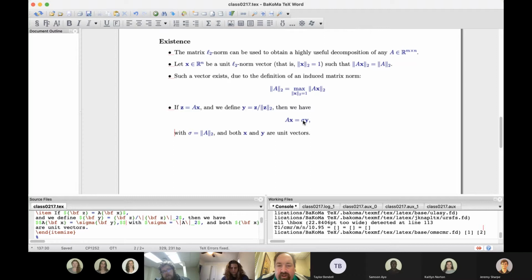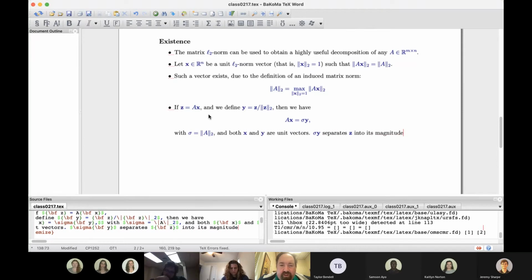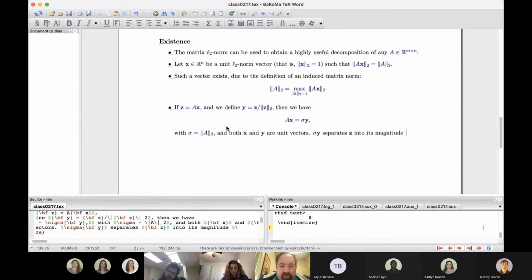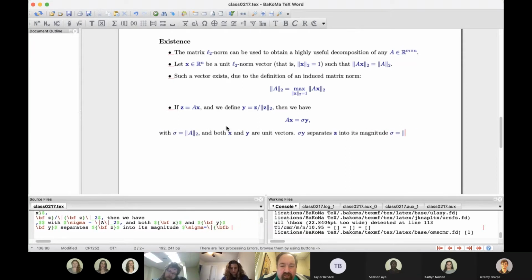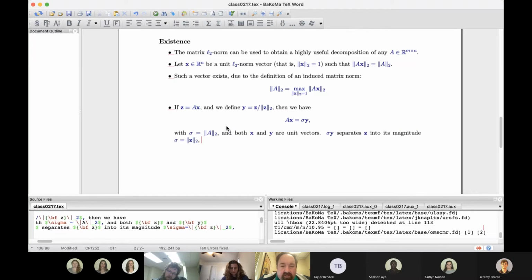So all I'm doing here is that sigma y basically separates z into its magnitude, which is sigma, which is also the 2 norm of z, and its direction, which is y.